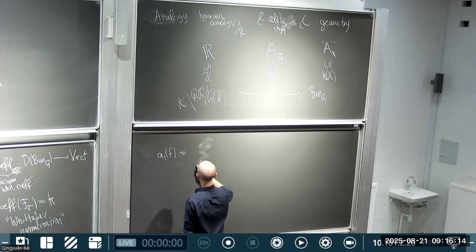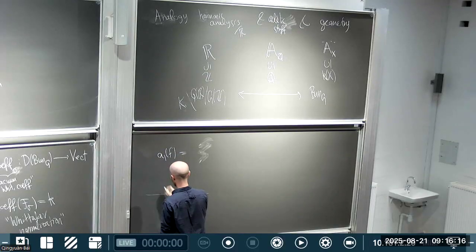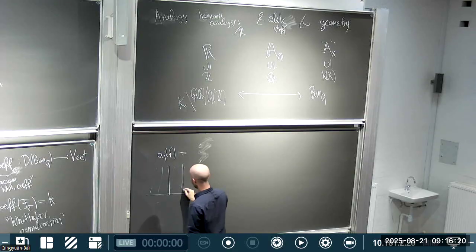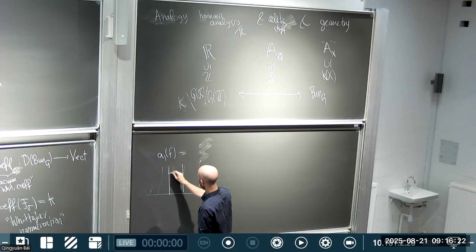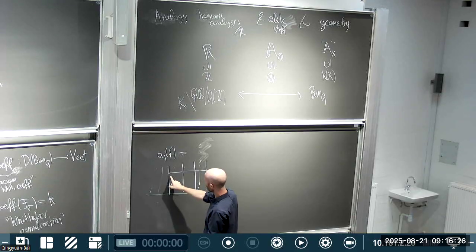And with this kind of thing in mind, I just emphasize that this A1 of F is like, draw the picture for a second, here's the upper half plane. Everything's periodic with period one. When you have modular forms, they're invariant with respect to translation.